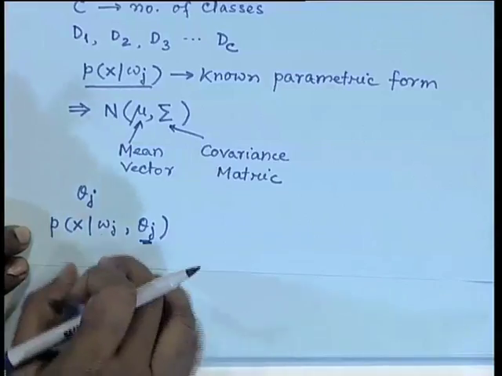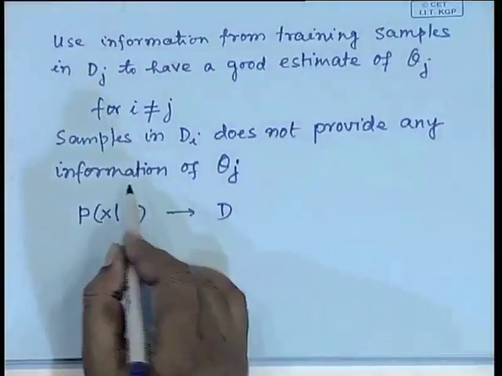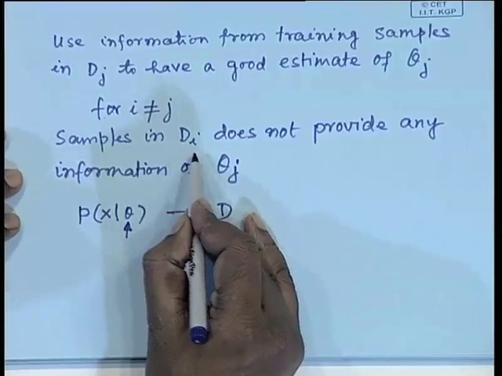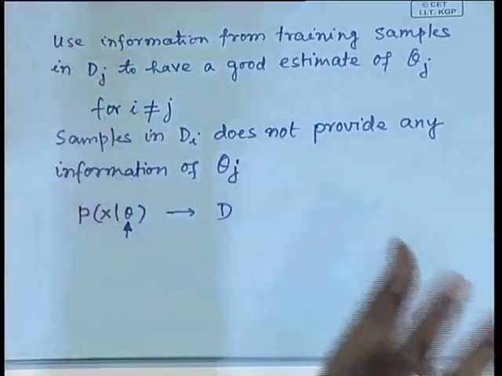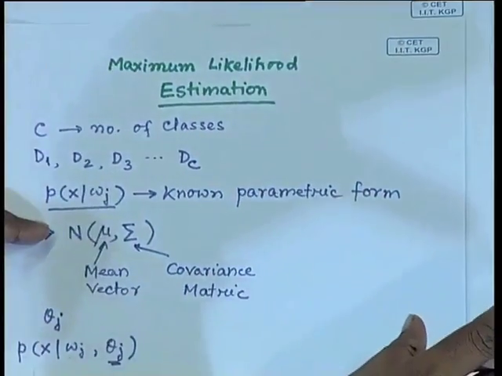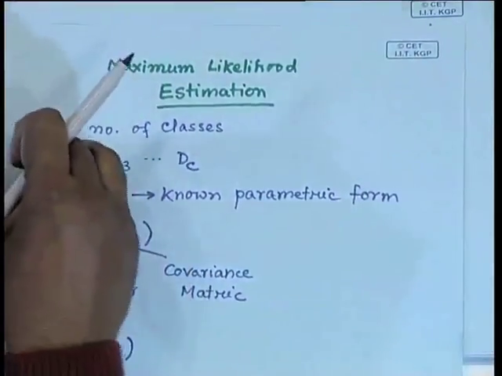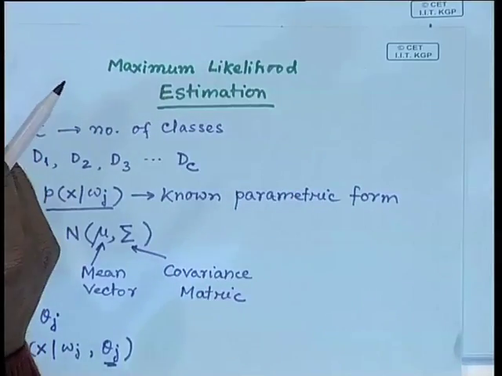Okay. And because of our assumption that the samples in D i do not provide any information of theta j, I have C such sets of samples, D 1 to D c, as I am considering C number of classes. Each of these sets independently provides the information of the parameter vector of the corresponding class.